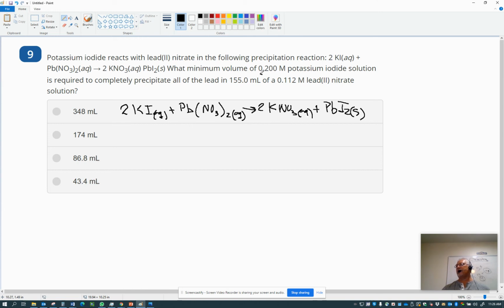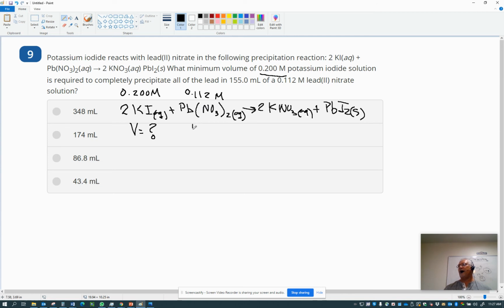The first thing they gave us is the potassium iodide solution concentration. The concentration of potassium iodide is 0.200 molar. They ask what is the minimum volume, so that will be finding the volume of this solution, how much you need to make to react with a concentration of 0.112 molar of lead 2 nitrate.